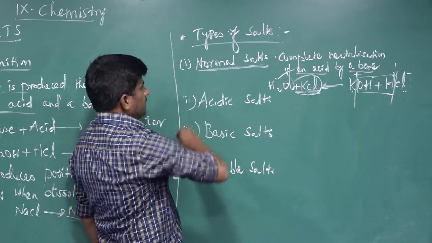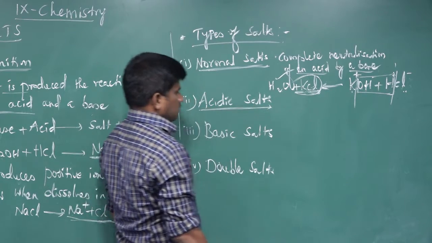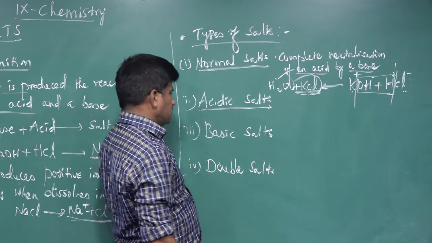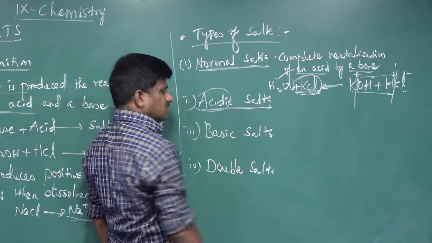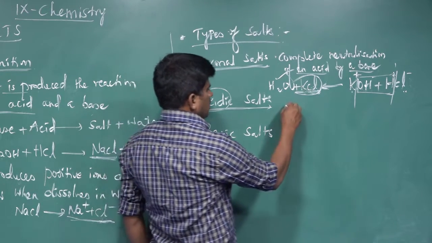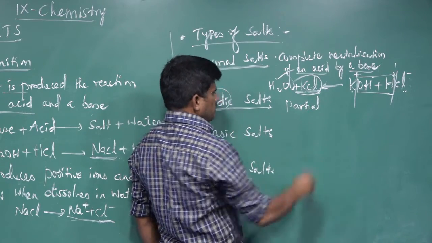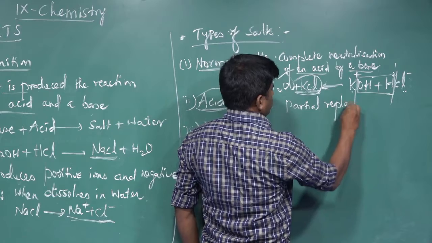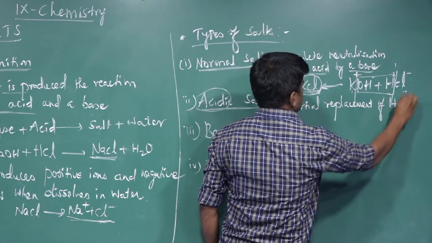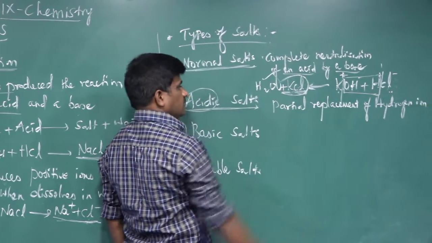Next we go to the second type of salt, that is acidic salt. How acidic salt is obtained is what we are going to see now. Acidic salt, as the name itself says, is acidic in nature. This acidic salt is formed by partial replacement of hydrogen ion from an acid.